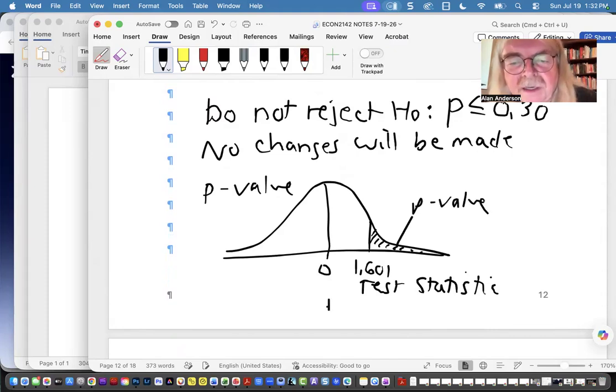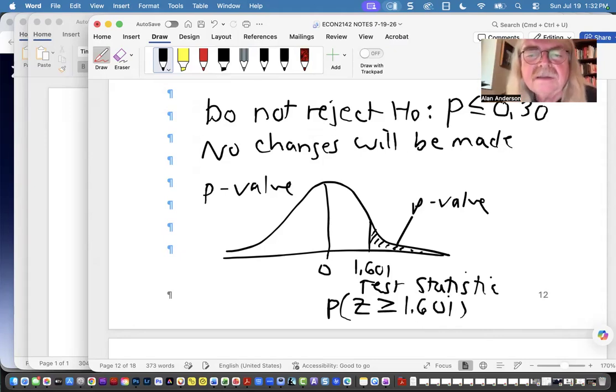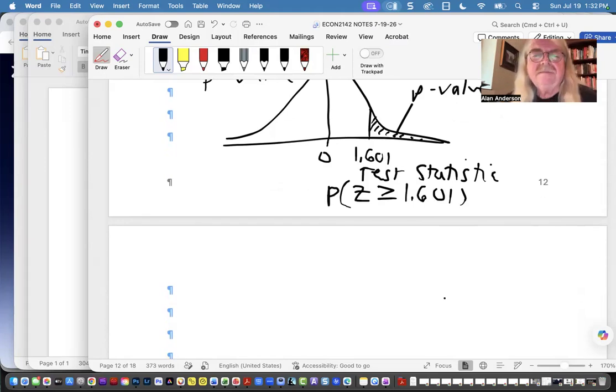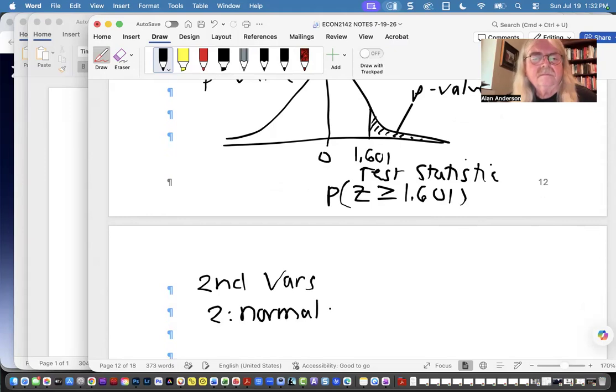And we find that by calculating the probability that Z is greater than or equal to 1.601 on the calculator. All right.